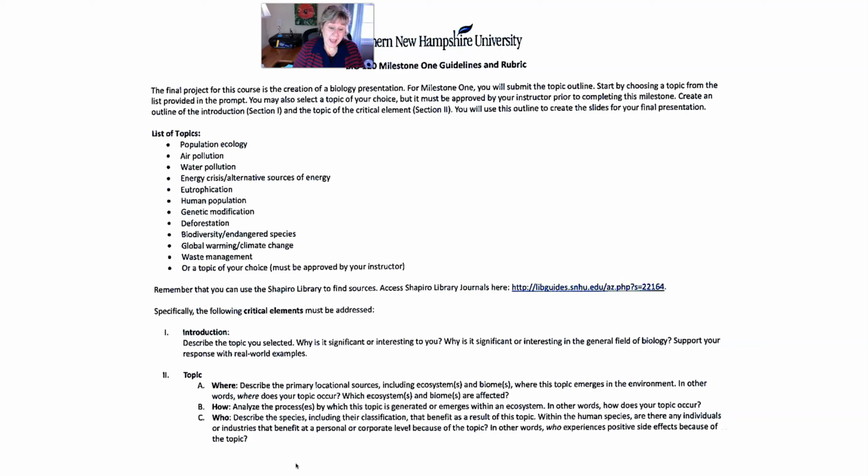Where does this happen? How does it happen? How does the process happen? So global warming, everybody, all of you who are in environmental science understand this, but how does global warming happen? Carbon dioxide is released into the air from the burning of fossil fuels, and that helps trap heat. So, how does the process work, and which species benefit from this particular topic?